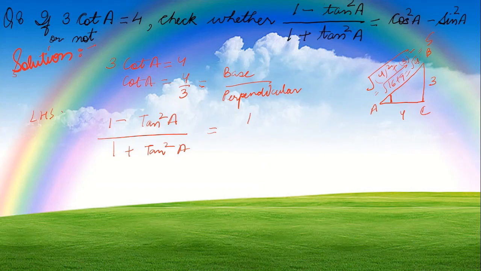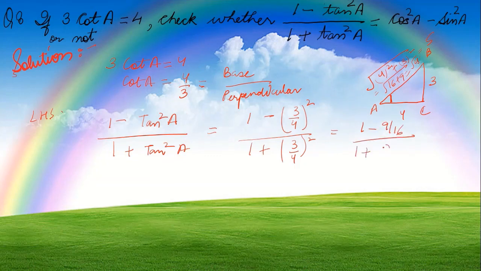Or you can write directly from here 1 minus tan square A, that is it will be opposite of this, 3 by 4 whole square upon 1 plus 3 by 4 whole square. So it is 1 minus 9 by 16 divided by 1 plus 9 by 16.